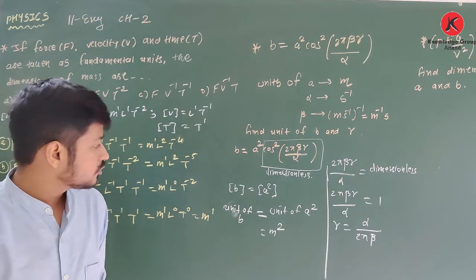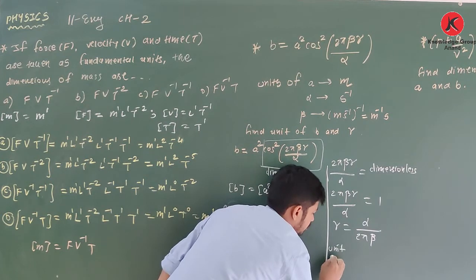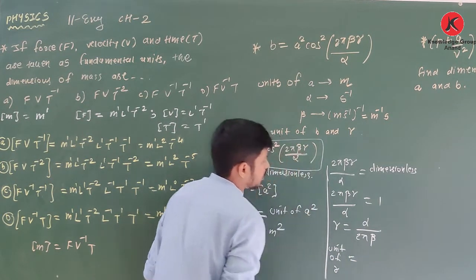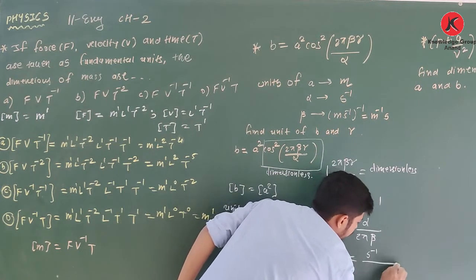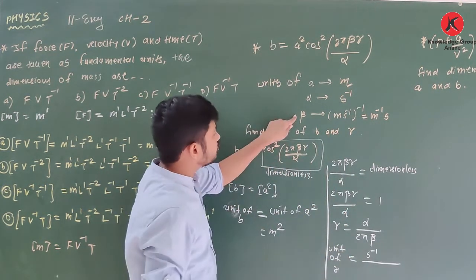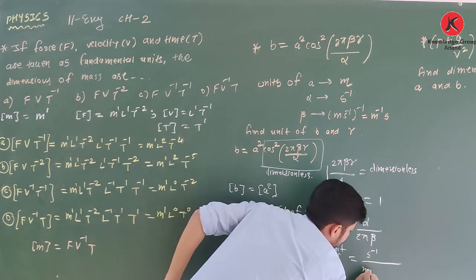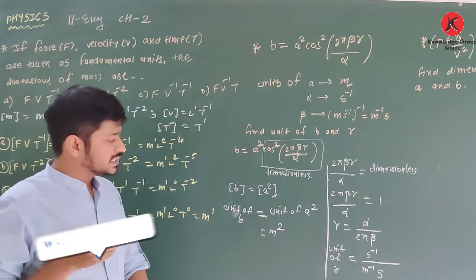Clear about this? So yes, now we have to put the units. Unit of gamma is equal to alpha. What is the unit of alpha? It is second minus 1, divided by 2 and pi, constants with no unit, and beta. What is the unit of beta? It is meter minus 1 second.